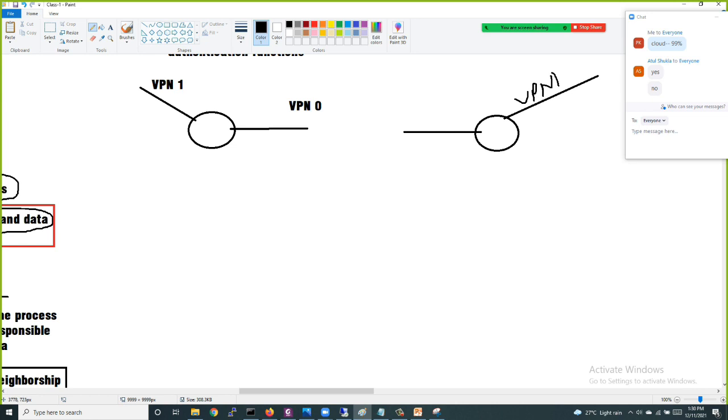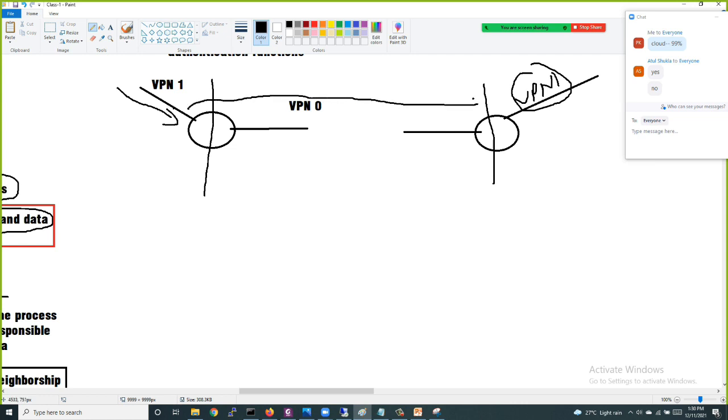By default, what we know, different VRFs will not communicate, but here it is not the case. So this is the beauty of SD-WAN, that all the traffic coming from VPN 1 will automatically enter into VPN 0 and pass to the other VH. And similarly for the reply. And this whole process will be automatic. You don't have to do anything, right?